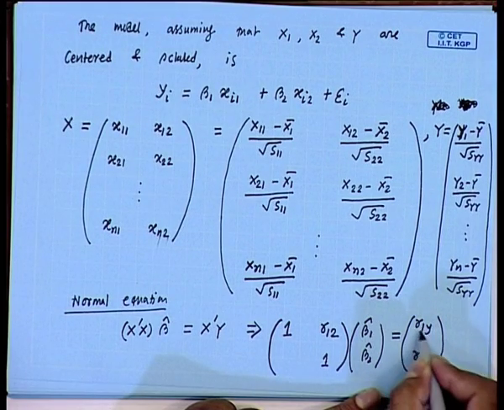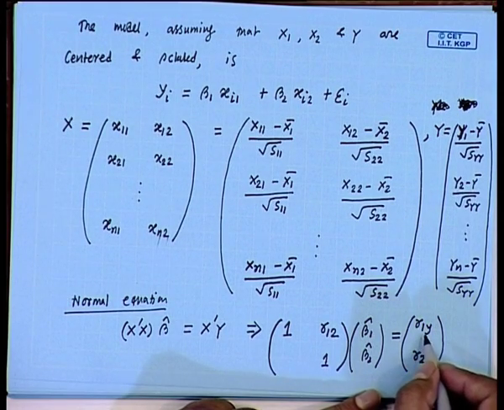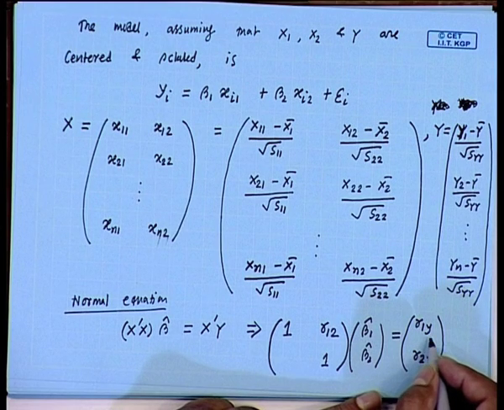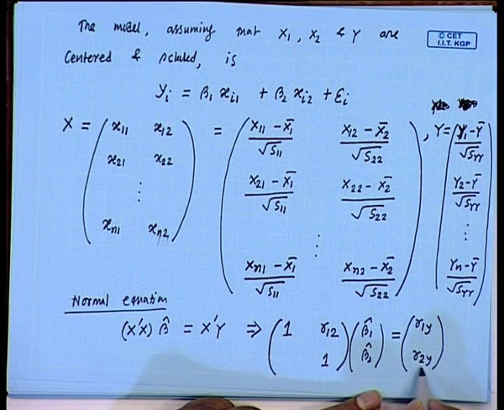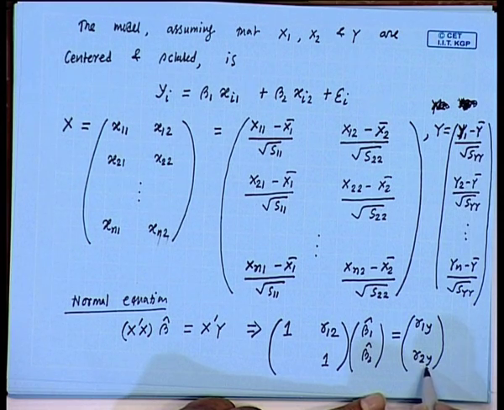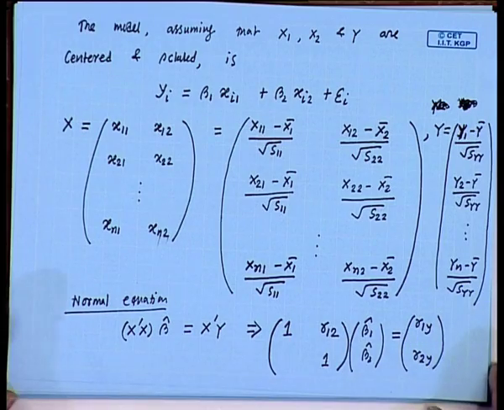Well, this R1y is the sample correlation between x1 and the response variable y, and R2y is the sample correlation between the second regressor and the response variable y, right.